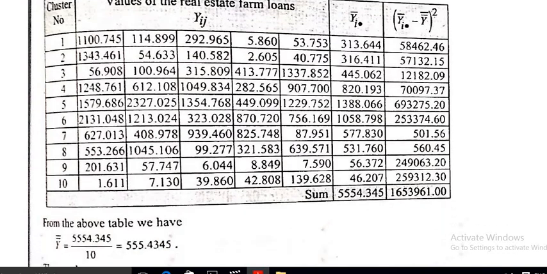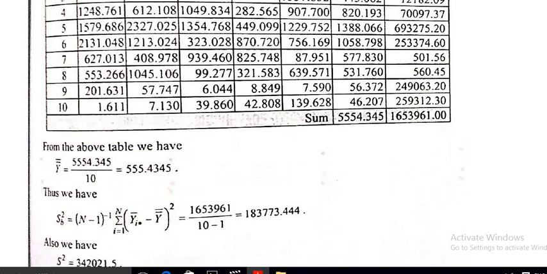After taking summations, we have 1653961.00. Y double bar is equal to this. S square B is equal to 183,773.444.